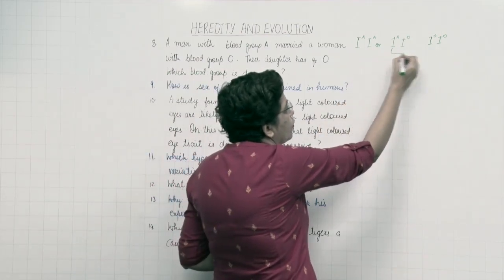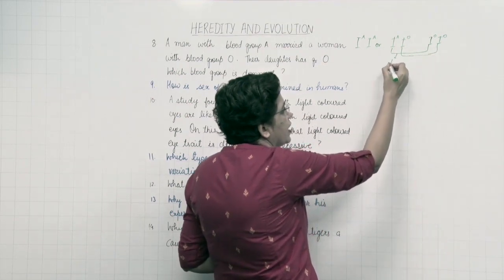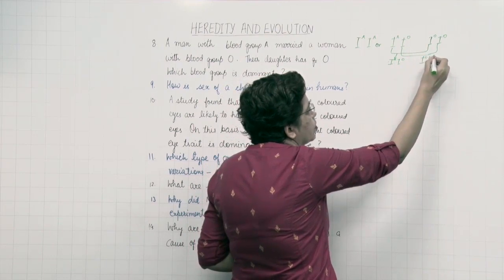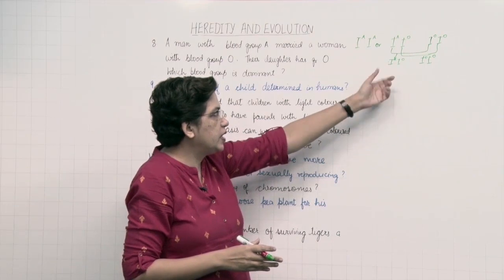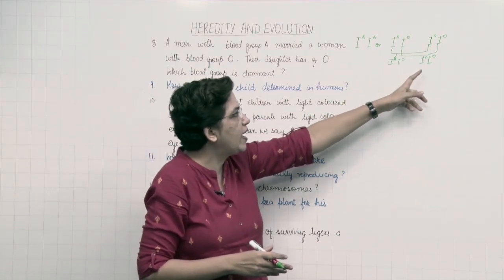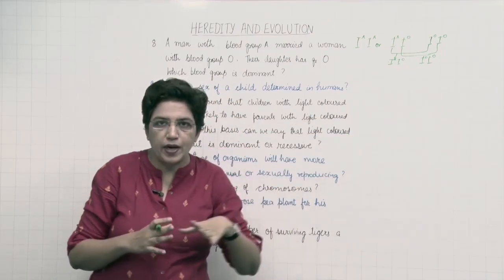So, the chances of combination are 50-50, that the offspring will have this combination or just both O combination. You got it? So, in these two cases, in this case the child will have O, in this case the child will have A blood group.